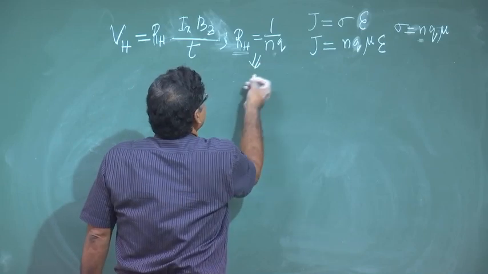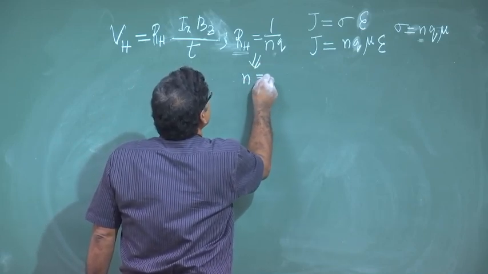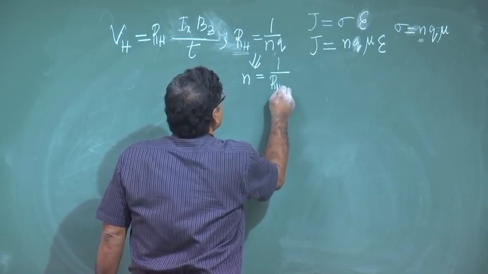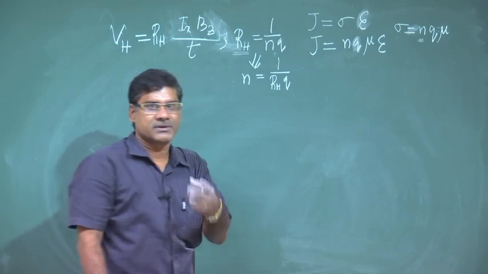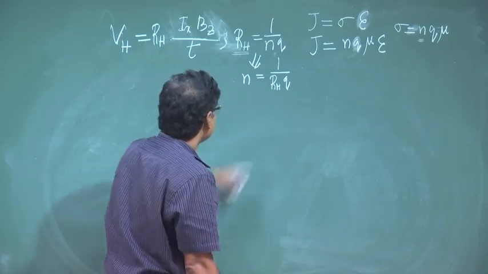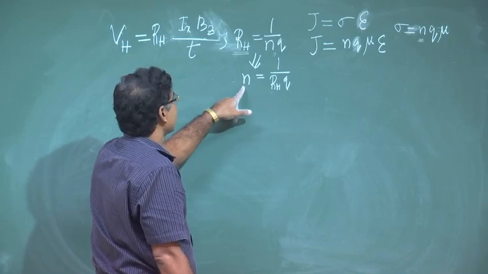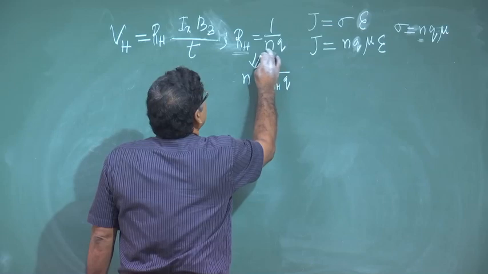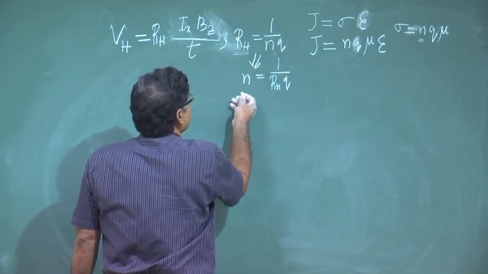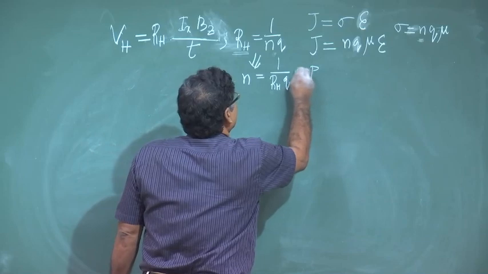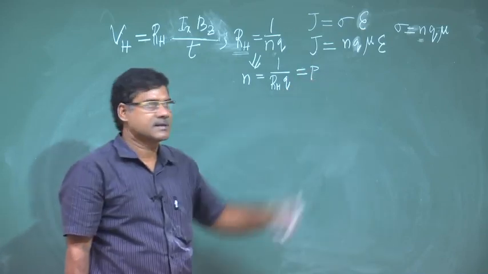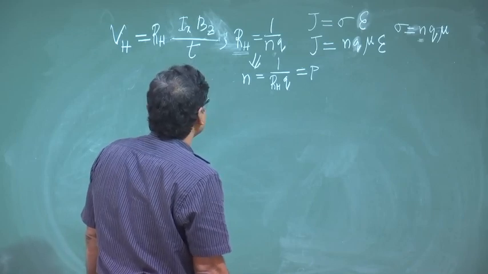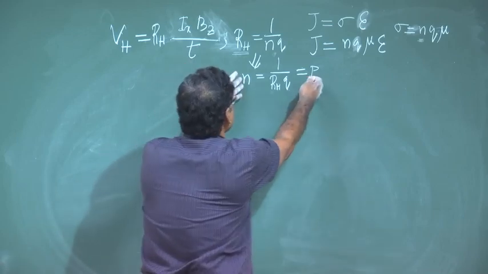So, from here one can tell N equal to 1 by RH Q. The charge Q is known, and if RH is known, one can get N. So, one can get N or P, it can be N or P, the whole density. So, I will know the carrier density.